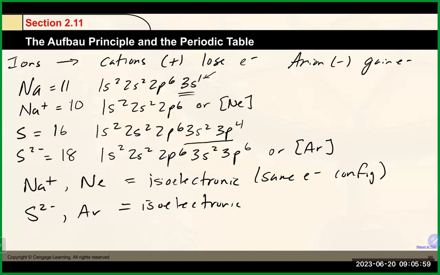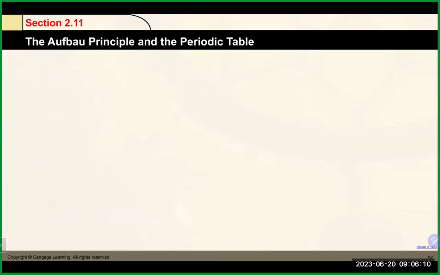Now, that is what happens when we form ions with our representative elements. It is different in terms of what happens with our transition metals. So let's look at our friend iron as an example. Iron on the periodic table is number 26.